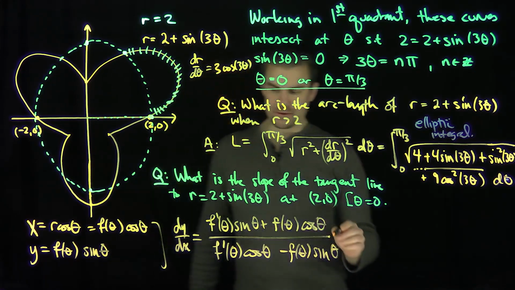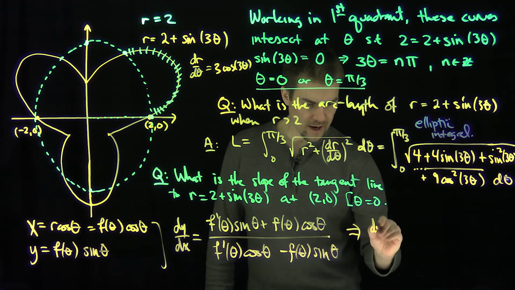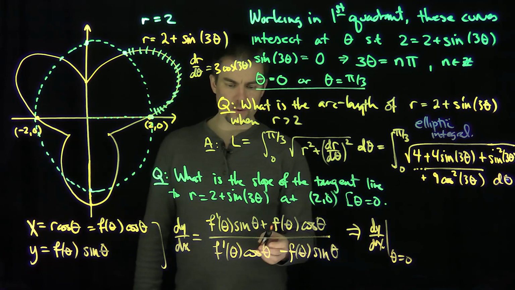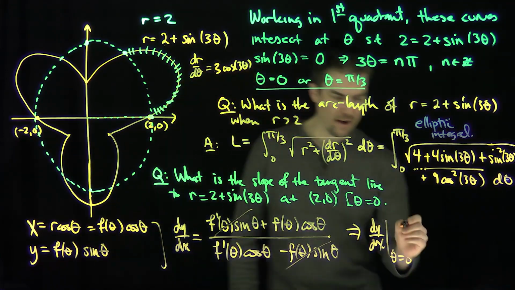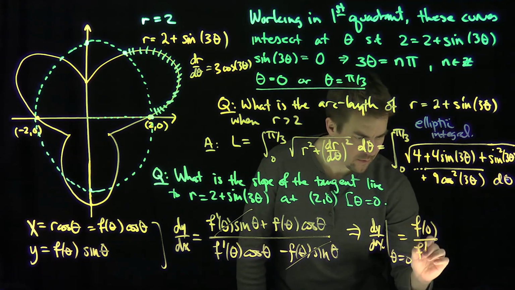And if we plug in theta equals 0, the sine is going to go away, and the cosine will be 1, so I'm going to have f of 0 over f prime of 0.